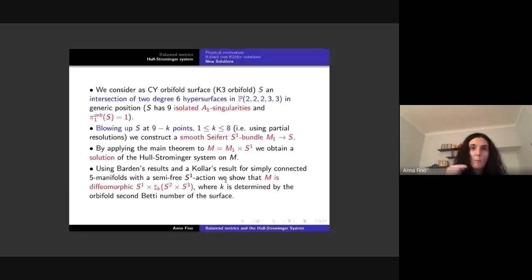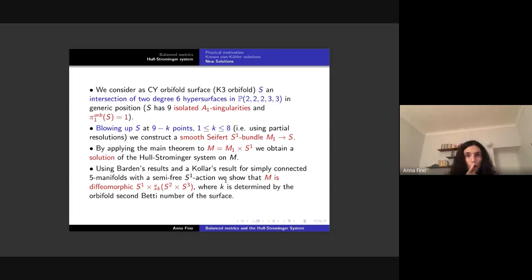And then, okay, here first I give the construction, not the simply connected construction, but this in some sense is a simple one, because what we did is to blow up S at 9 minus k points, where k is between 1 and 8. So we just did some partial resolution. And then we construct a smooth Seifert S1 bundle over S. And then we apply the main theorem that I described before to the product of this smooth Seifert S1 bundle times S1.